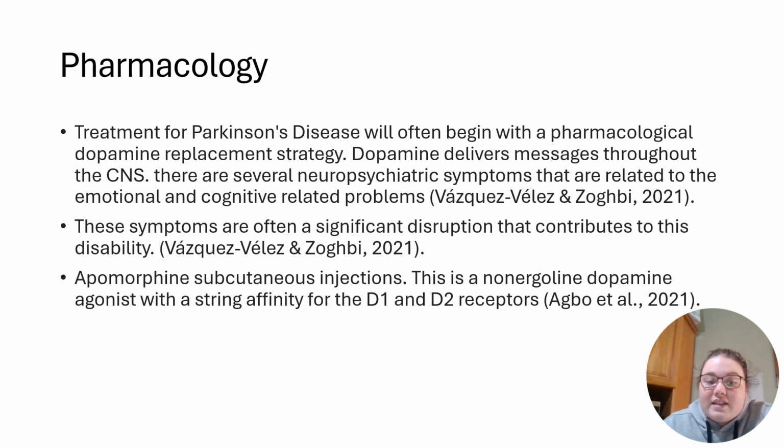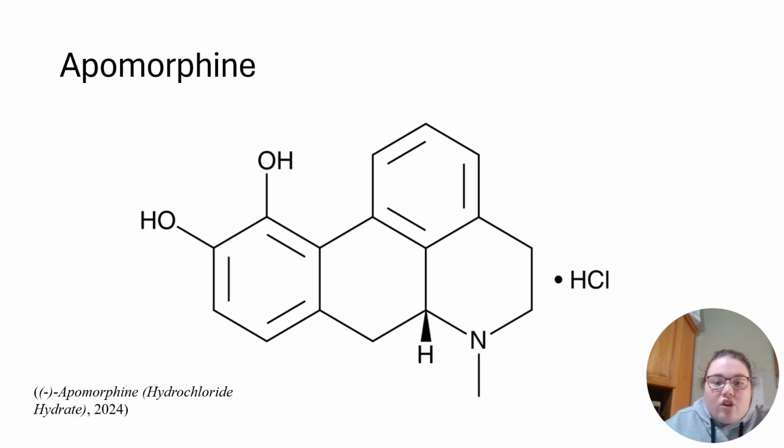Apomorphine is a subcutaneous injection. This is a dopamine agonist with a strong affinity to the D1 and D2 receptors. So this is the medication that Emma will be using. This is apomorphine, again at essentially a cellular level.